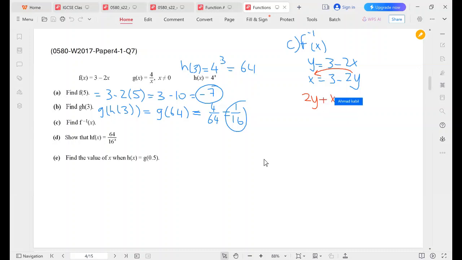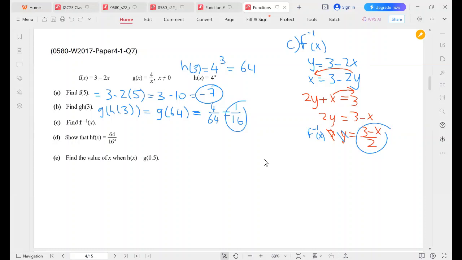So 2y plus x equals 3. Now let's take the x to the other side. We have 2y equals 3 minus x. And we divide by 2. So y equals (3 minus x) over 2. Finally, we replace y with f inverse of x. And this would be our final answer here.